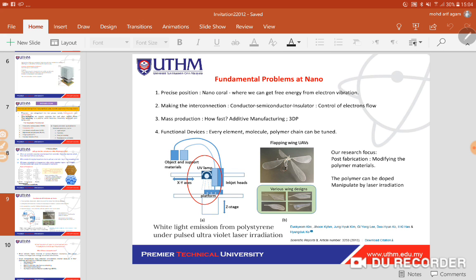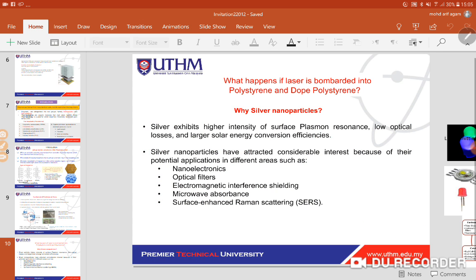So that is the thing that we try to look at. Even polystyrene, they found that it can be used to emit white light. This is done by Korean researchers, Young-Hyun Kim and Ji-Hoon Kim. So these people look into polystyrene for their research, just like us.